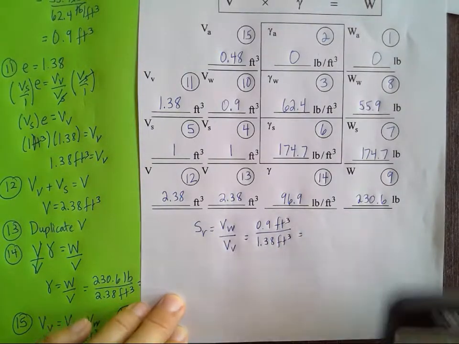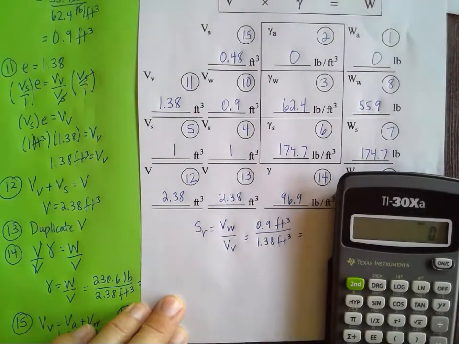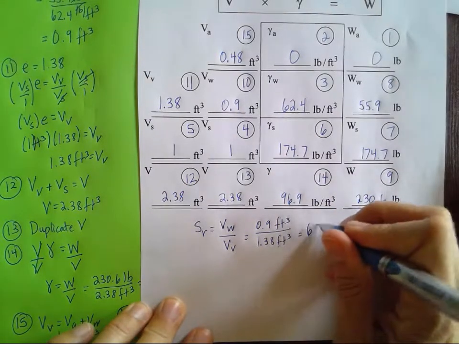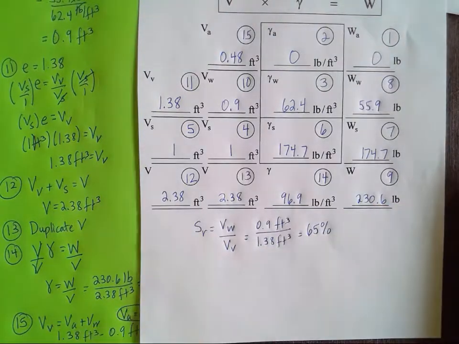So I'll go ahead and put that in my calculator, 0.9 divided by 1.38, and I'm going to express it as a percent, so I'll just multiply it by 100, and I'm going to use a whole number, so I'm just going to call that 65%. So not fully saturated, but more than halfway saturated.